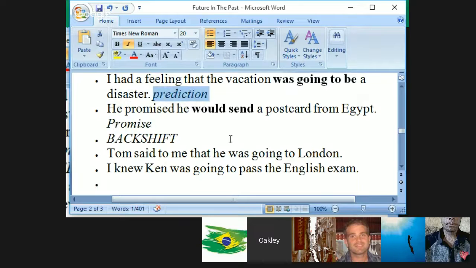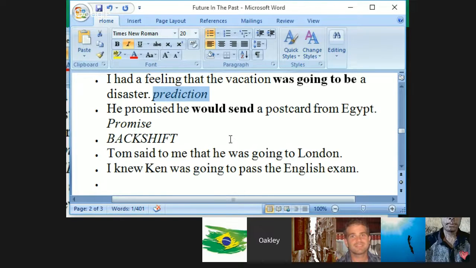Then it's the nature of the content, the context, what you're saying. Use logic. Is it something that you would likely predict or promise or plan? Betting on somebody or thinking about somebody passing an exam seems likely to be a prediction because you can't control it. It's not you, you're talking about somebody else. So you don't know what somebody else is going to do.